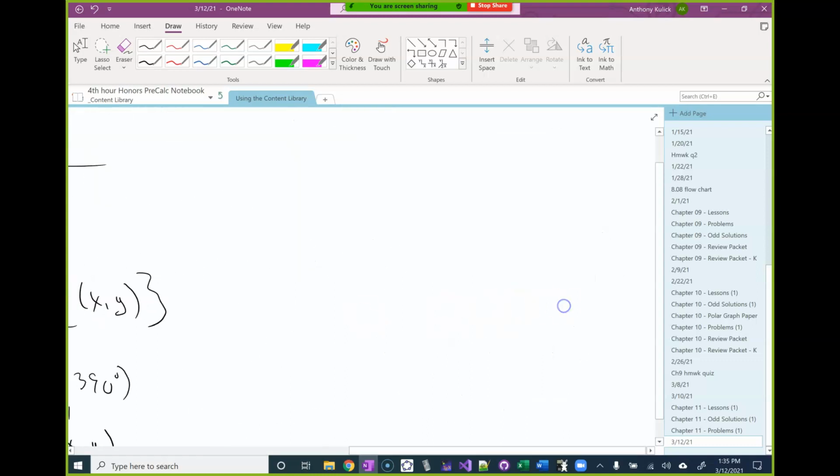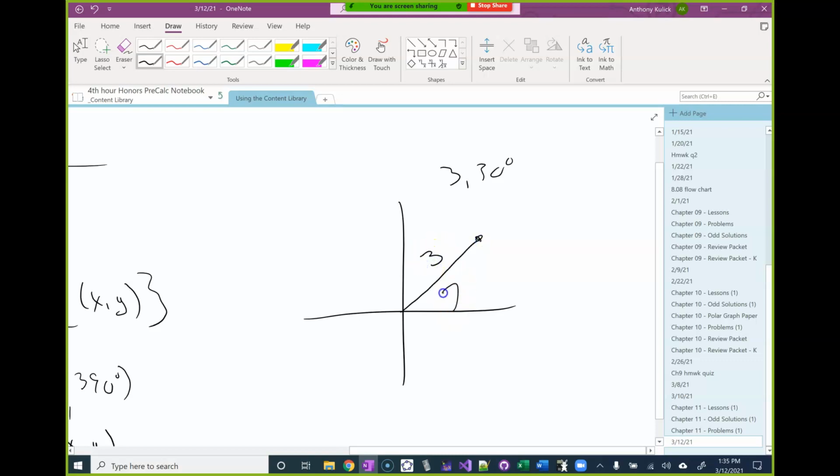Right, so if we have 3 comma 30 degrees, what you have is something that's 3 long at an angle of 30 degrees. And we could convert that into an x and a y by doing like 3 sine 30 and 3 cosine 30, right?